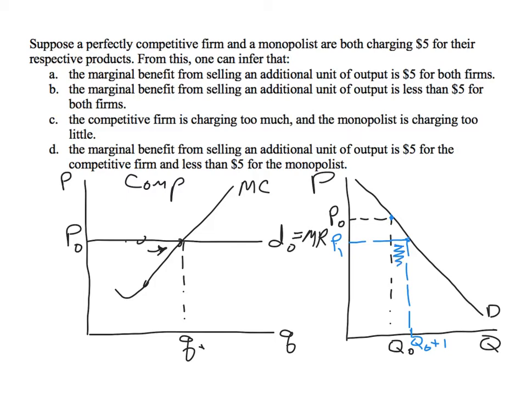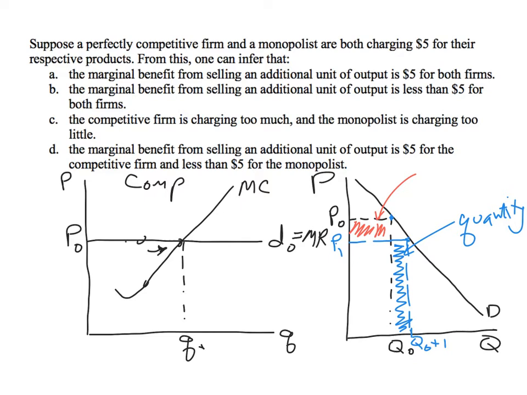Notice that, on that new unit, the firm gets the new price of the good for that one unit. We call this the quantity effect on the firm's revenues. But the firm was selling Q naught at P naught, and it's a single price monopolist.